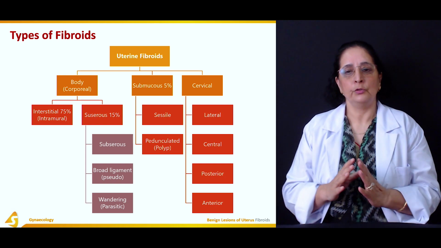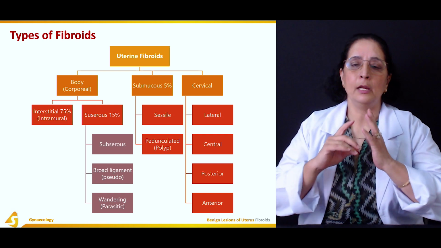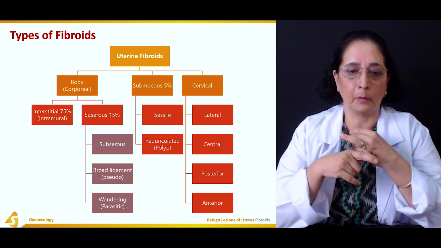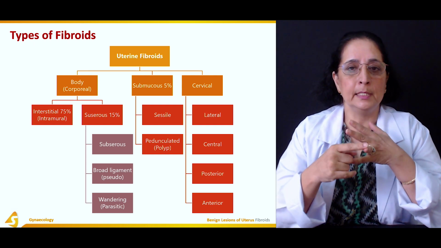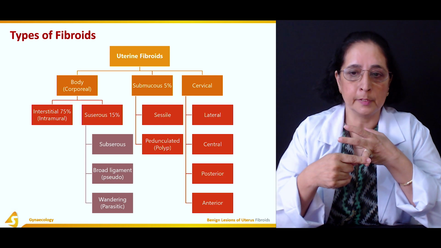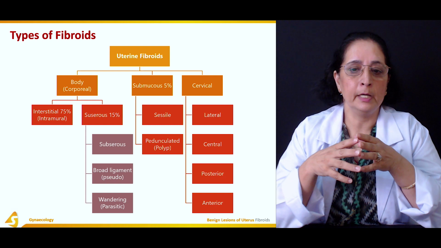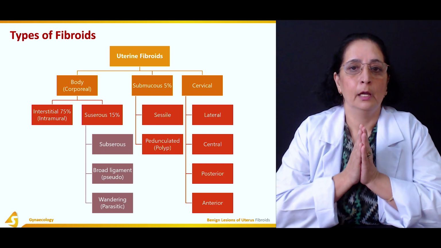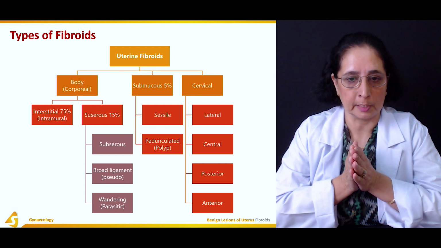Now, uterine fibroids are broadly divided depending on their location. If they are in the body or corporeal, which are the commonest, they might be submucous, which is 5%, or they are in the cervix. In the body, again, they are of two types: interstitial is 75%, serous is 15%.